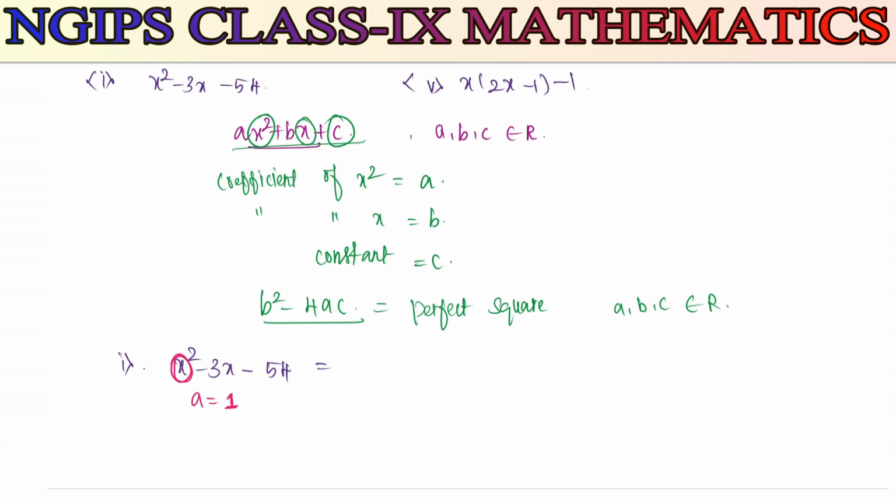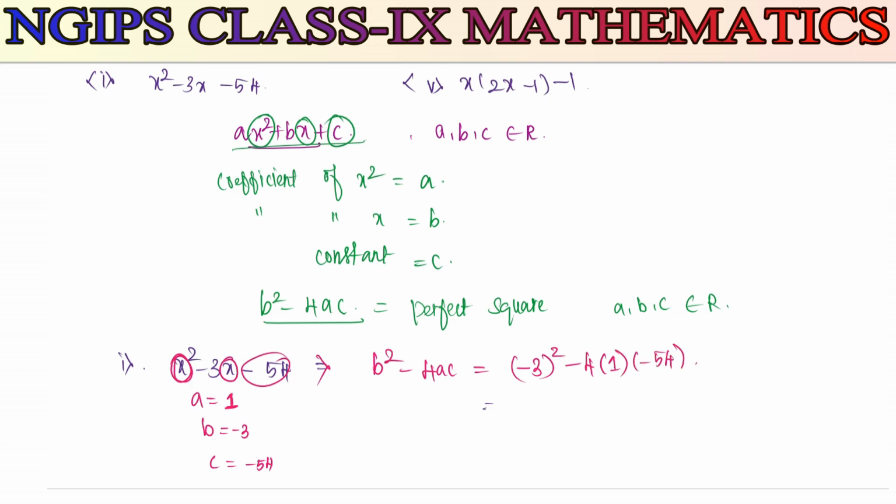The coefficient of x, the leftover except x, we consider as b, which is minus 3, and the constant term along with the sign is c, which is minus 54. Now we have to apply b square minus 4ac, which is minus 3 whole square minus 4 into a value 1, into the c value minus 54.